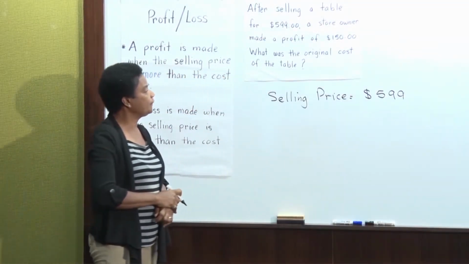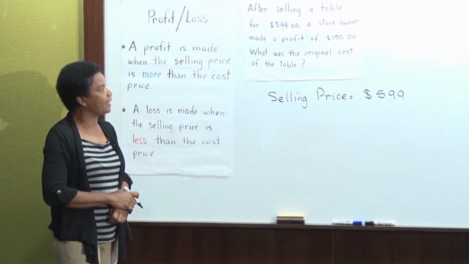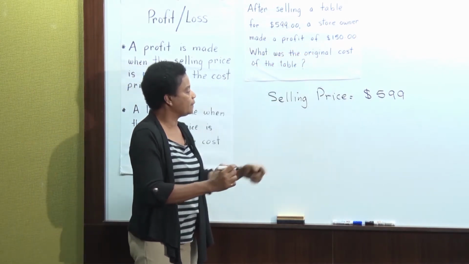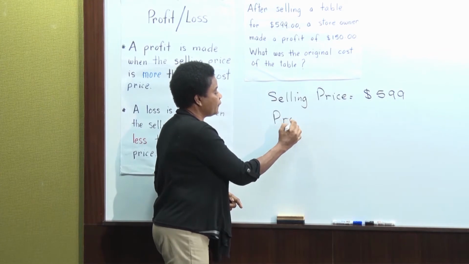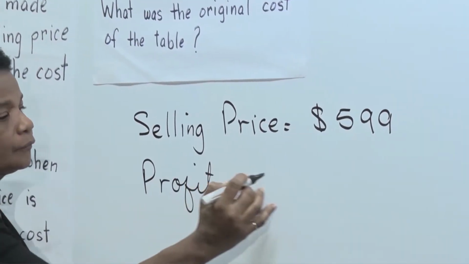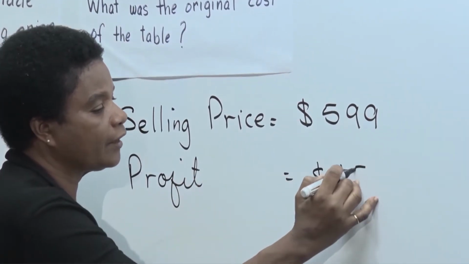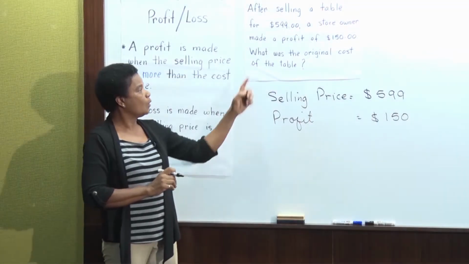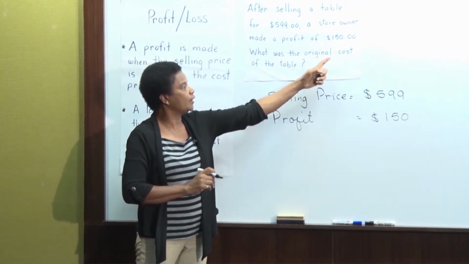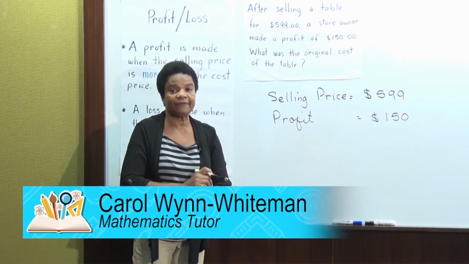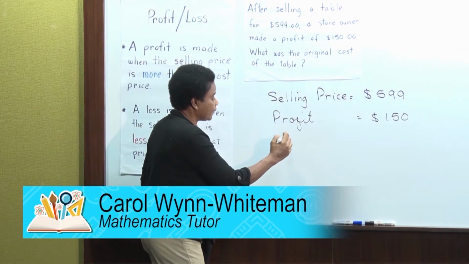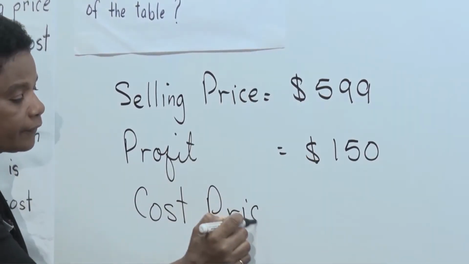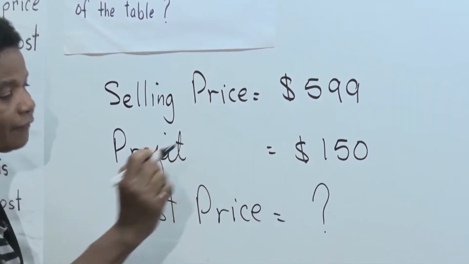So after he sold it for $599, a store owner made a profit of $150. So his profit was $150. What does the question ask us to find? What was the original cost of the table? In fact, the question is asking us to find what was the cost price. That's what we have to find.